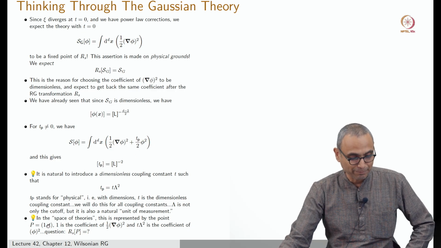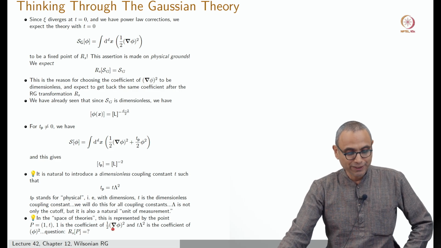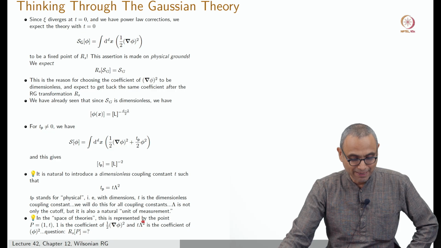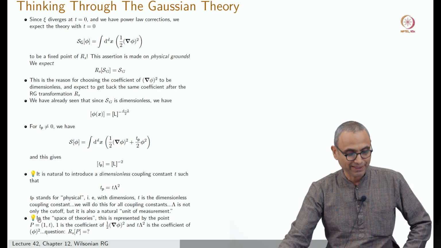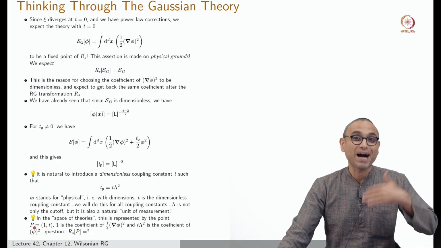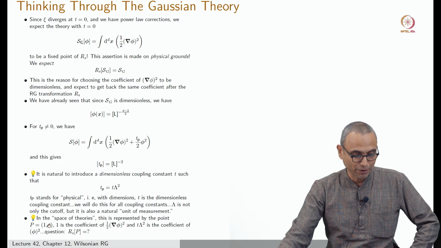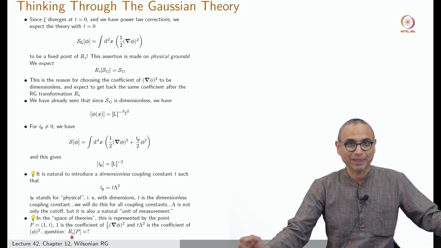So one is the coefficient of 1/2 grad square and t lambda square is the coefficient of phi square, so we just keep the dimensionless parameter here. So the natural question now is, if I perform RS on this theory, what will be the new theory that I will get? That is the question.